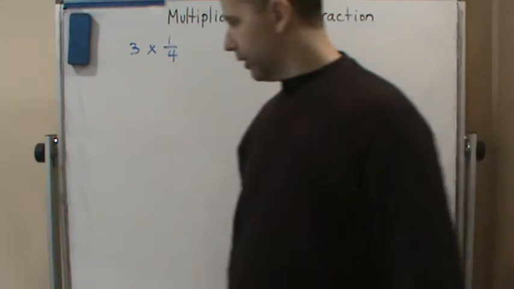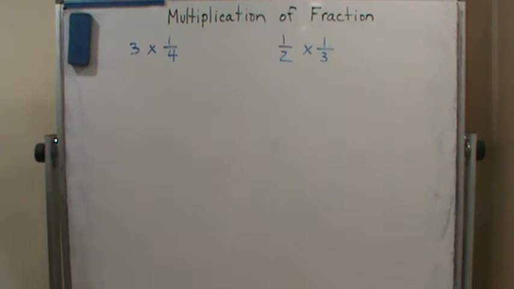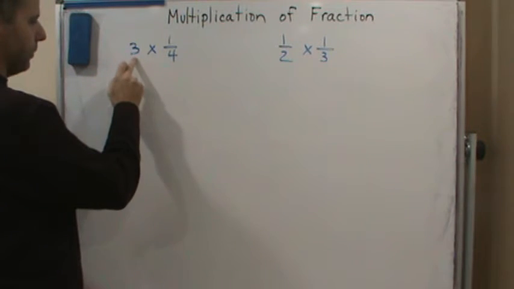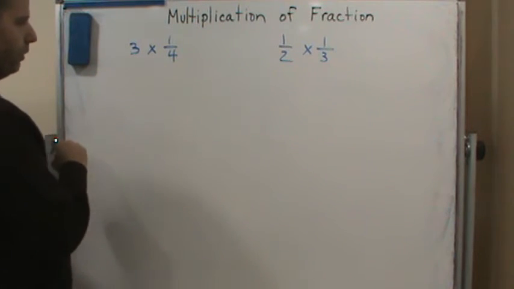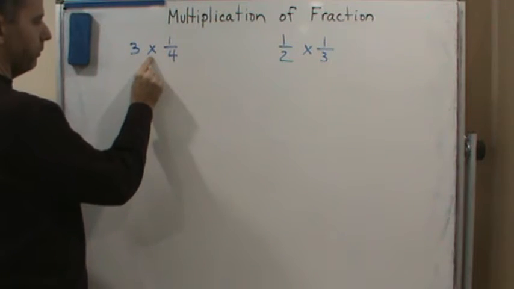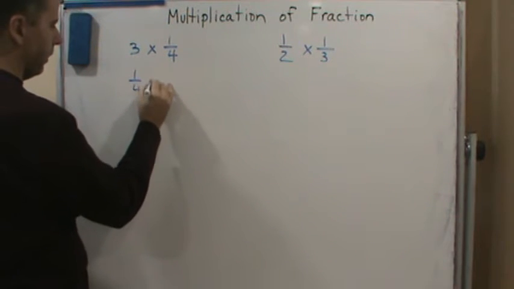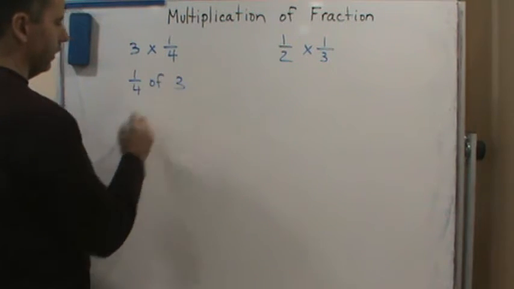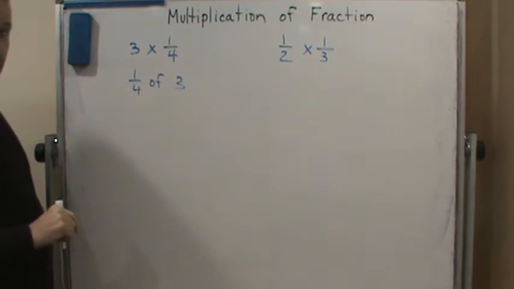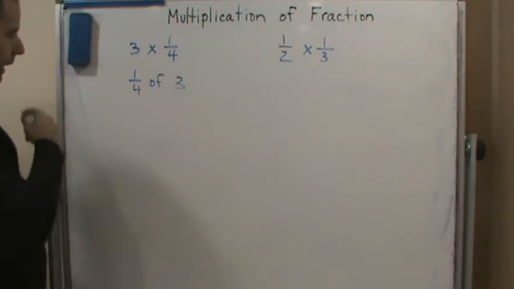So I'm going to start with one that we had talked about before, where we have a whole. We have 3 times a fourth. Or one way of phrasing this is we want 1/4 of. So if we say 1/4 of 3, this tells us or connotes multiplication.